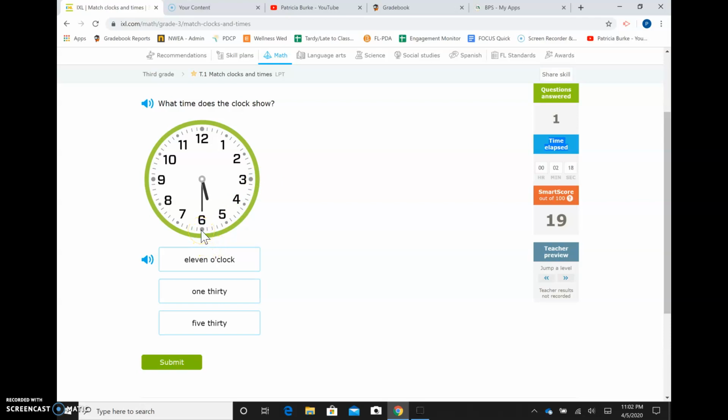So we said the short hour hand was after 5, so it's after 5 o'clock, and we just skip counted by 5s, and we now know that this 6 represents 30 minutes. So we would go down to 5:30.